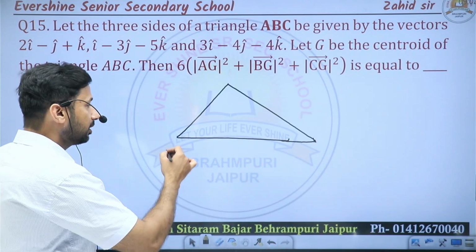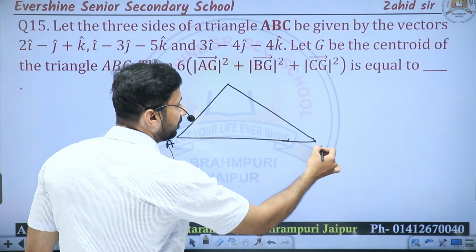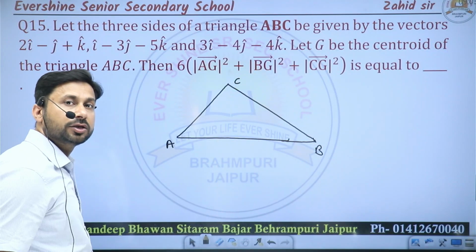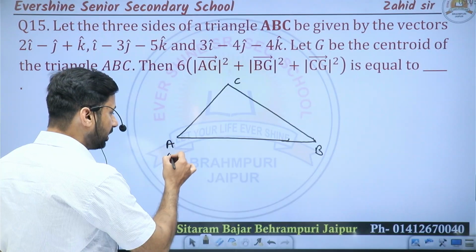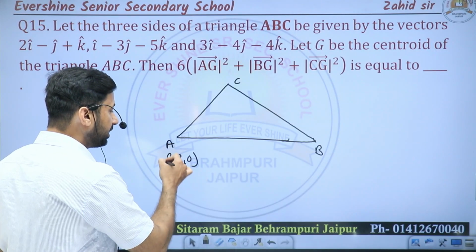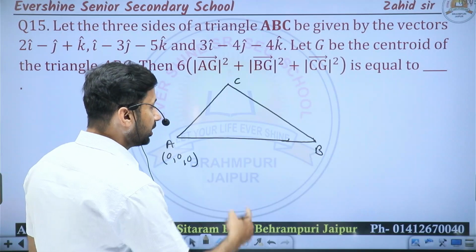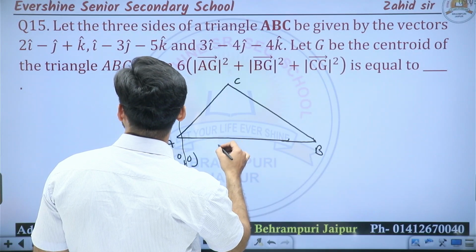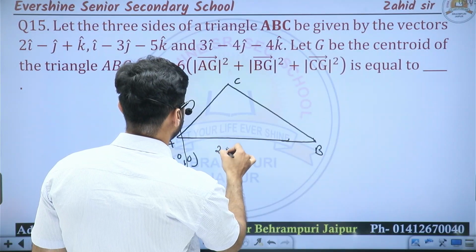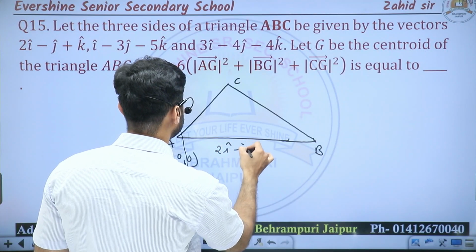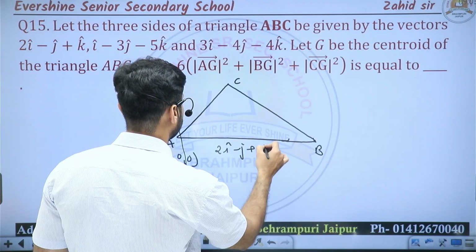Suppose we have a triangle A, B and C. We can consider the coordinates of A as 0, 0, and this can be taken as origin. Now side AB is given as 2 i cap minus j cap plus k cap.